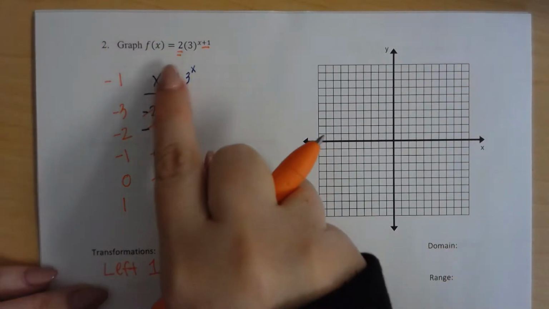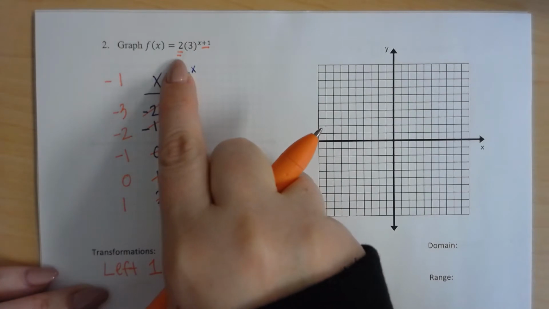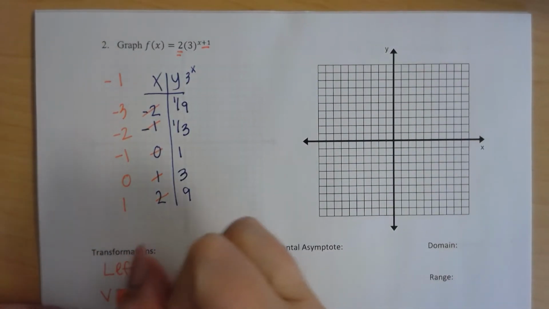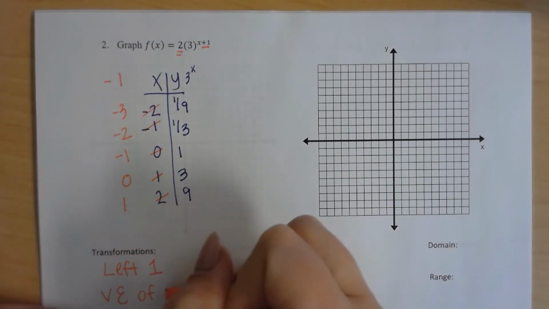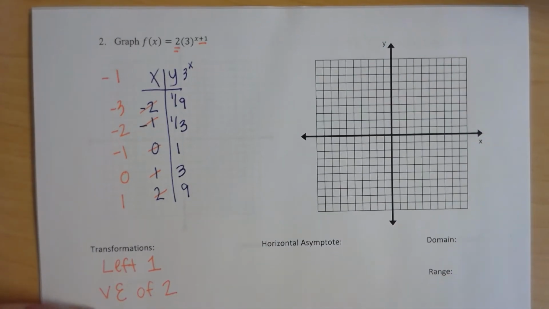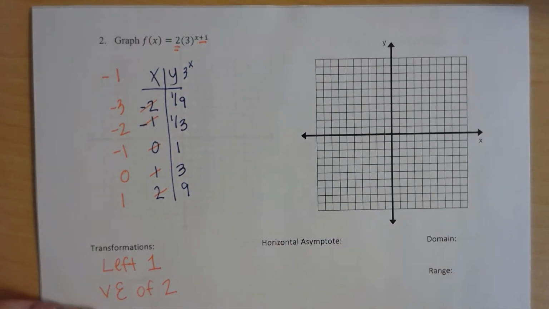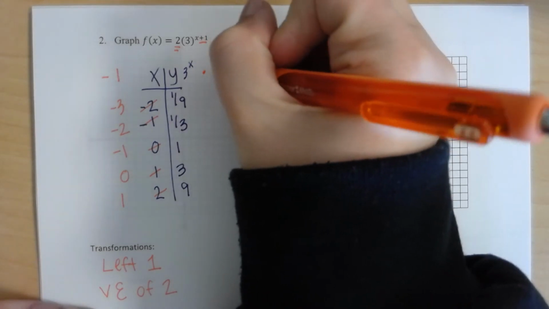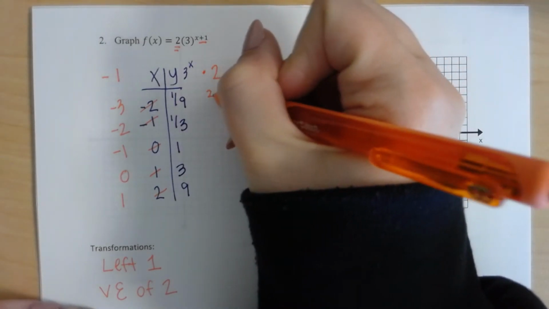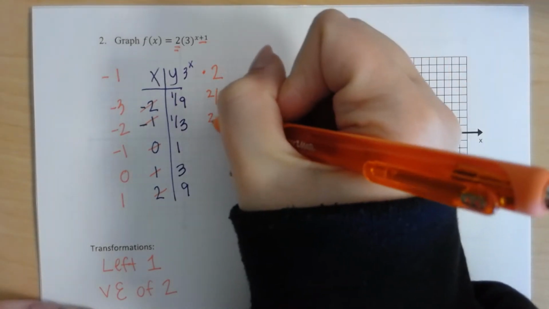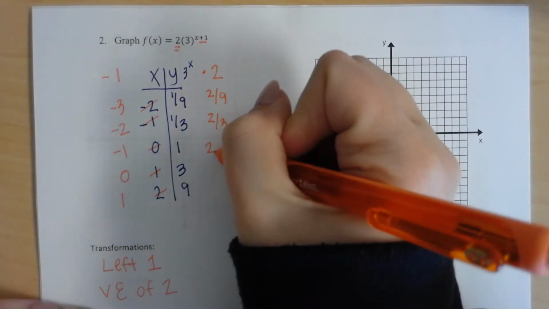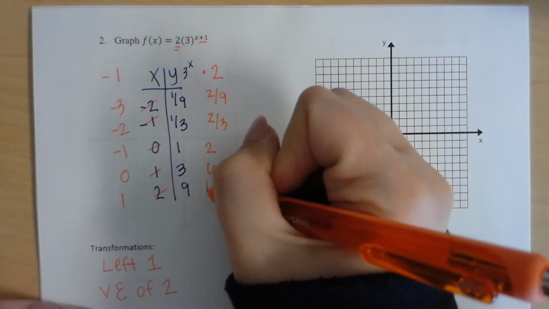Okay, we also have this 2 in the very front, which means it's a vertical expansion of 2, right? It's being expanded vertically by 2. So that means to all of the y's, I'm going to multiply by 2. So this becomes 2/9, 2/3, 2, 6, and 18.